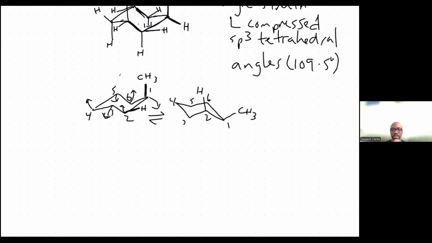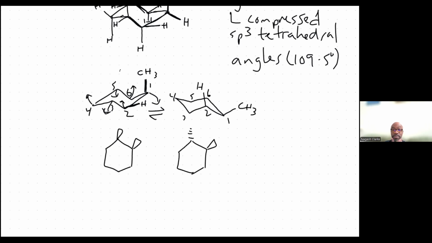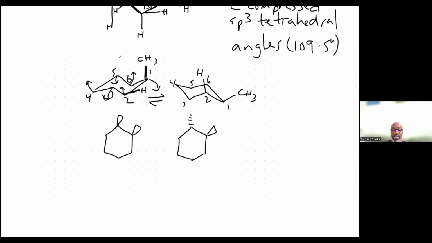So think about rings, and I'm gonna diverge for a second. Let's draw the planar form. It's easier when you're trying to explain things. If I have two metal groups that are wedges, and then I have one that's a dash, one that's a wedge, do you think these are the same compound? Or do you say these are equal? Can I just kind of rotate one to another? They are not. So this is a cis, and this is a trans.